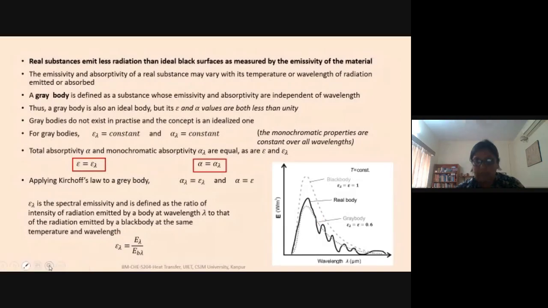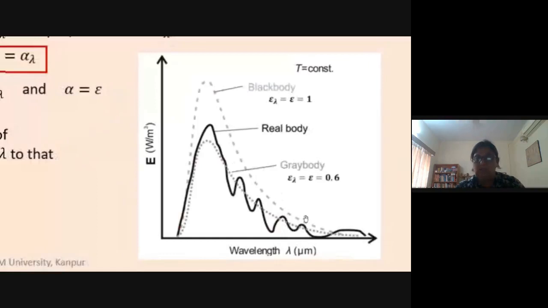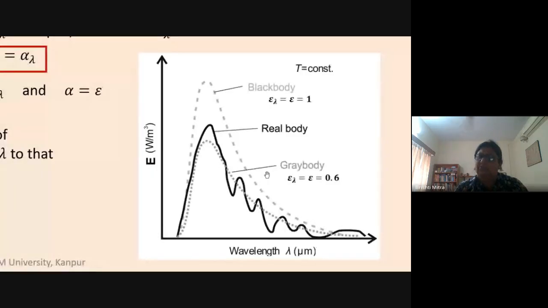Now, if you look at this figure, you can understand what the situation is. The dotted gray line out here is for a black body. The emissive power increases, reaches a maximum, and goes down, and epsilon lambda and total epsilon are equal to 1. Now the gray line with the smaller gray dots is for a gray body. Everything is the same except that the epsilon values are less than unity.